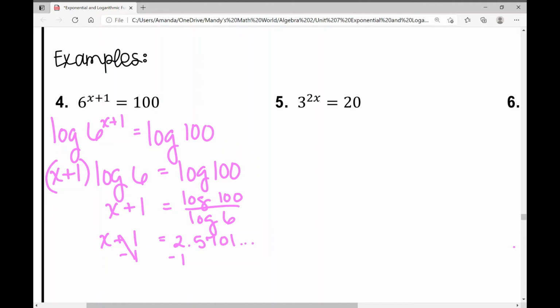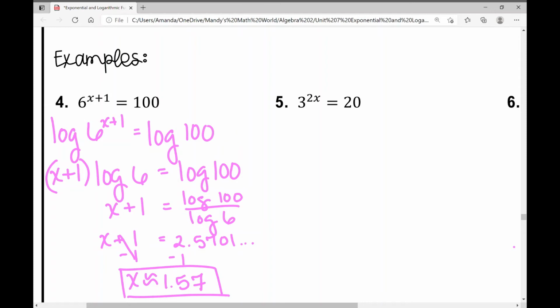So when you subtract 1, now you've got x is approximately 1.57, and then I take it out 3 decimal places because that's what you typically do on an AP Calculus exam. So 1.570 if you even wanted to write. So there's your answer. x is approximately 1.57.